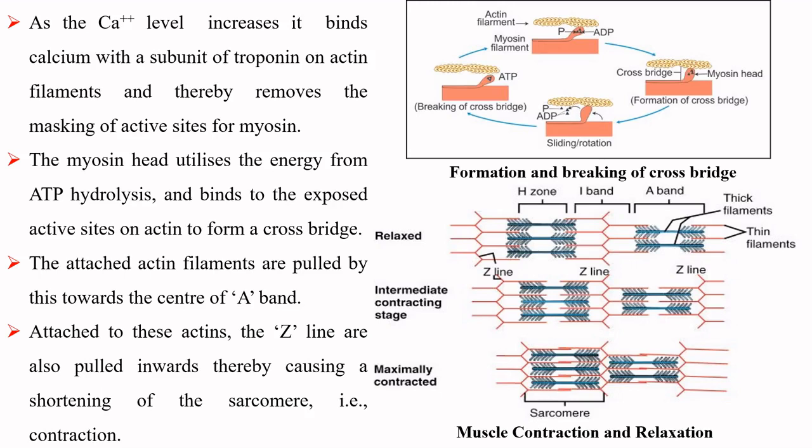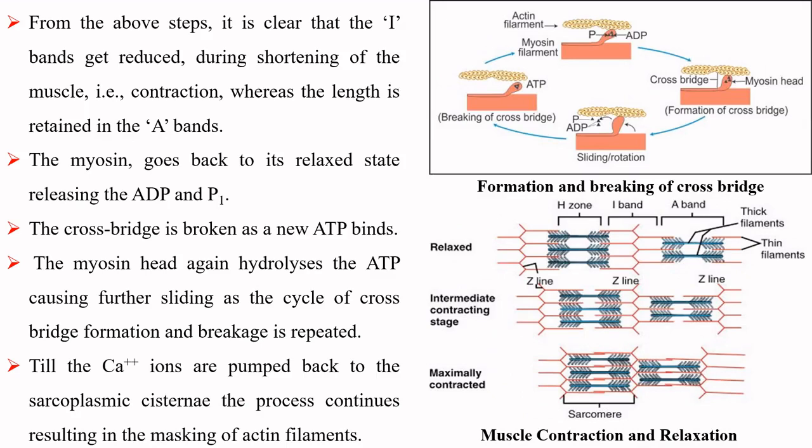The attached actin filaments are pulled by this towards the center of the A band. Attached to these actins, the Z lines are also pulled inwards, thereby causing a shortening of the sarcomere, that is, contraction. From the above steps, it is clear that the I band gets reduced during shortening of the muscle, that is, contraction, whereas the length is retained in the A bands.